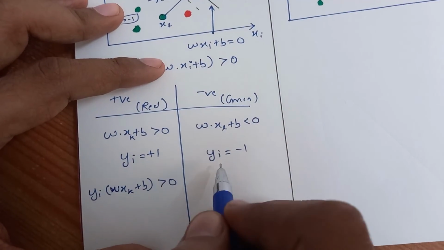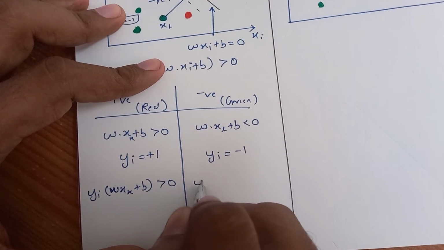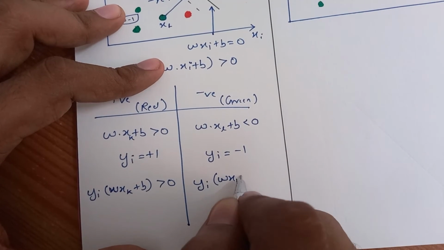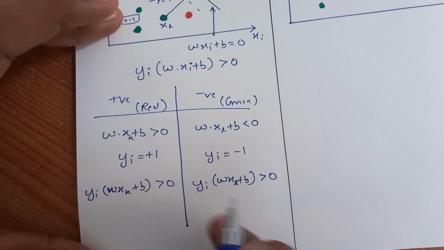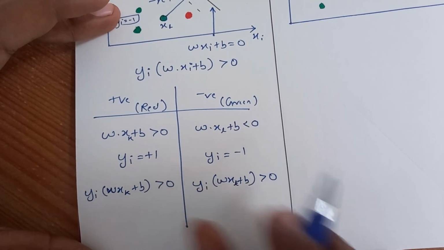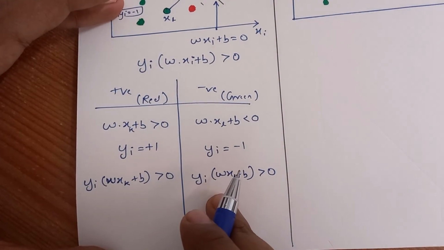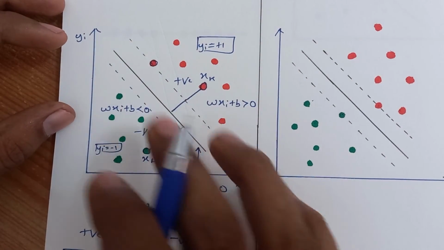So of course this is negative and this is negative. When negative multiplies by negative, the answer is positive. So again you can see here yi into w xl plus b is greater than 0, which is satisfying the condition. So this is how the SVM algorithm works, satisfying the constraint first, and this is how the distance gets calculated, and one can come up with a perfect hyperplane.